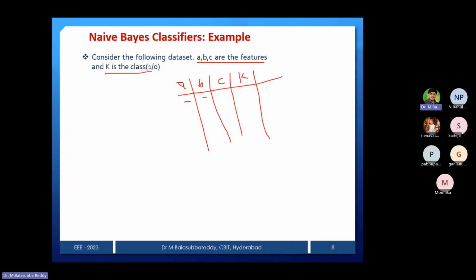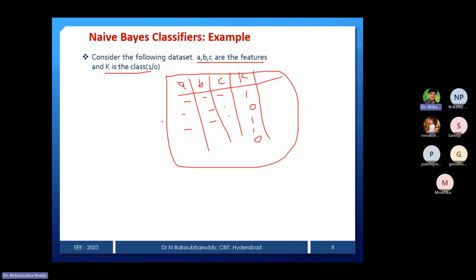So using this A, B data, whatever it may be, I will take some data, and correspondingly K is based on the data. K may be treated as 1 or 0, something like that. These are the input data, let us assume that.